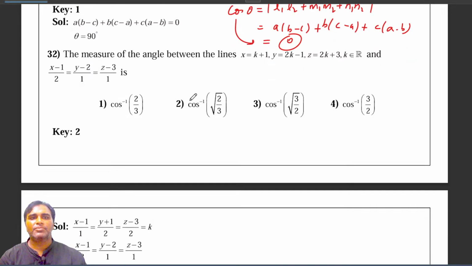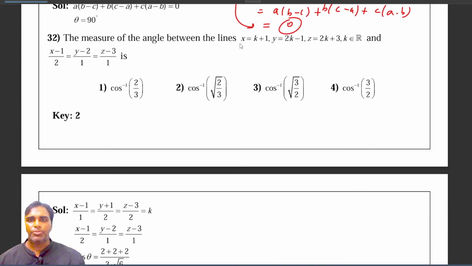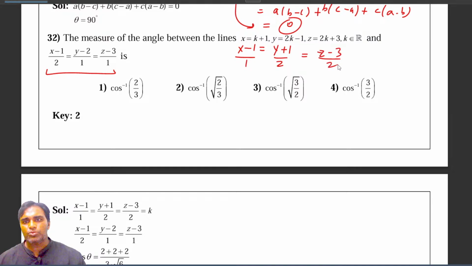32, we have to just change this line a little because this line is already in perfect shape. So we just try to find the value of k from here because k is there. So x minus 1 equals y plus 1 by 2, here it is 1, equals z minus 3 by 2, and there it is k. So they all are equal. So I got the direction ratios 1, 2, and here 2, 1, 1.